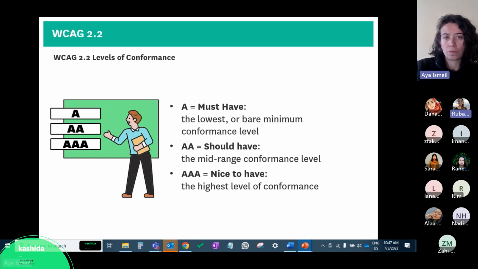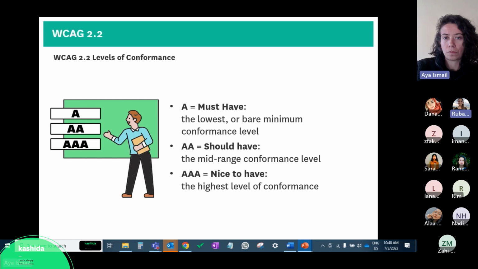So when we jump a little further to AA, then we ensure that also interactions, the sequencing of material on the screen, and the assumption that people with disability will have tools to aid their access to information, like using a screen reader, are covered.